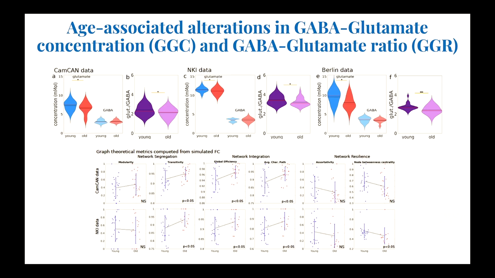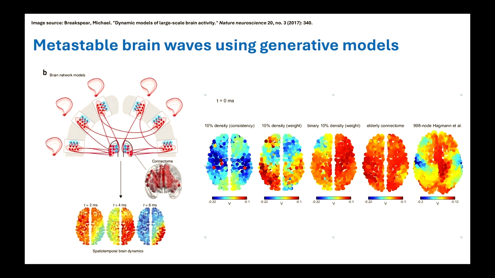There is a difference in the glutamate and GABA ratio that primarily drives the changes that we are observing in the whole brain reorganization of network properties as well as the dynamics.